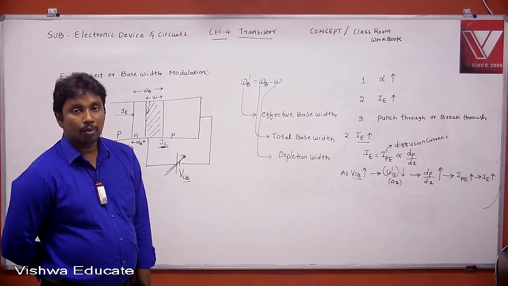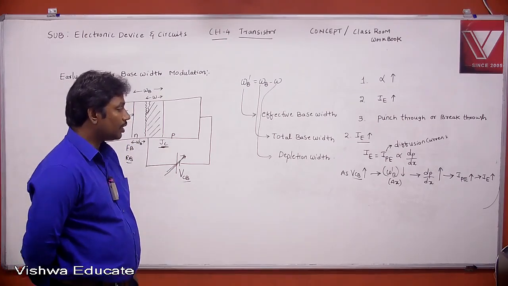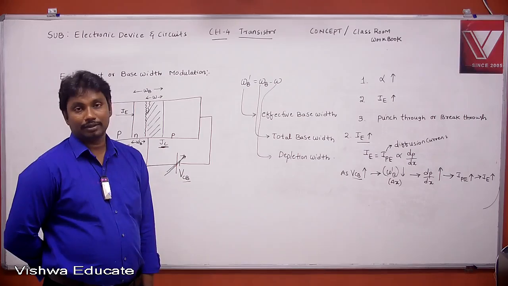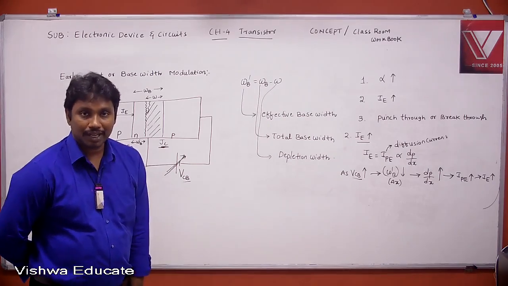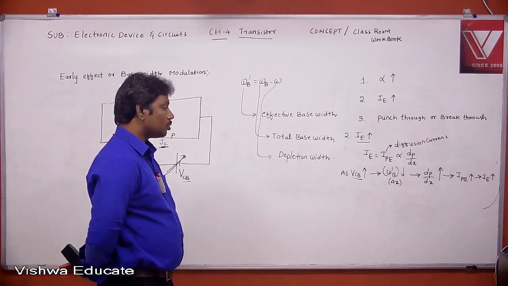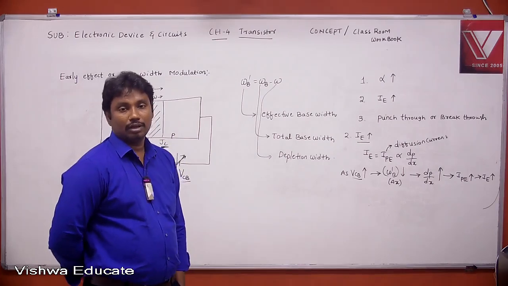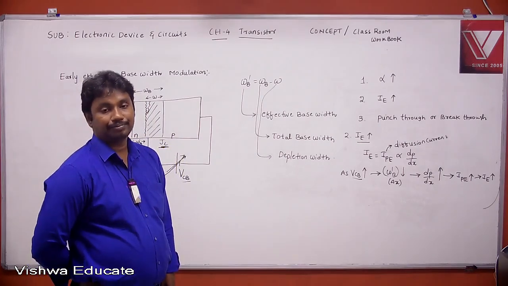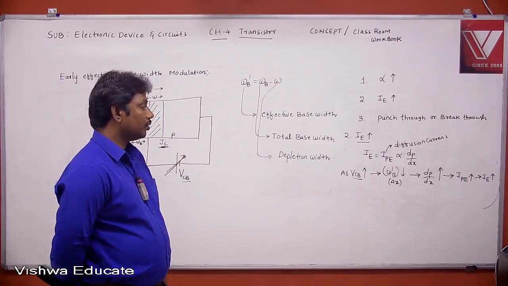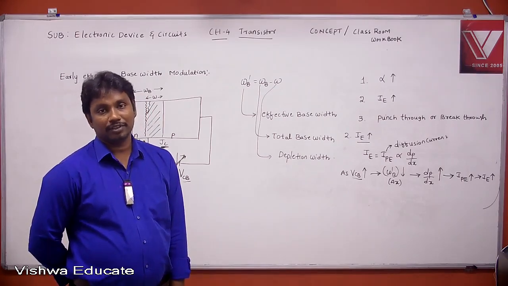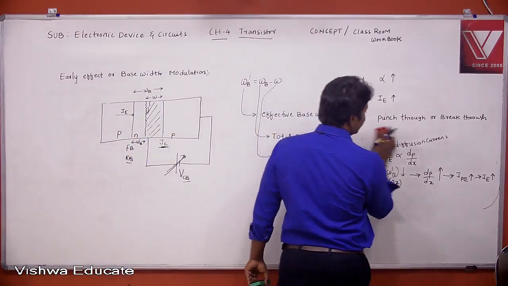That is, both the collector junction and emitter junction are interacting with each other, which may change the biasing conditions of the BJT, which is undesired, right? This is the second side effect.